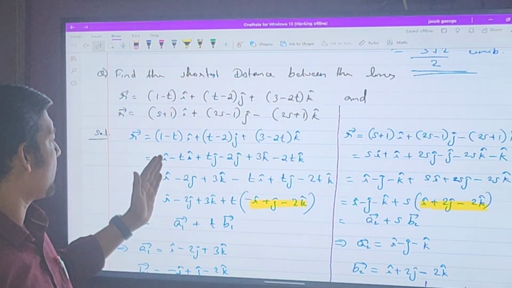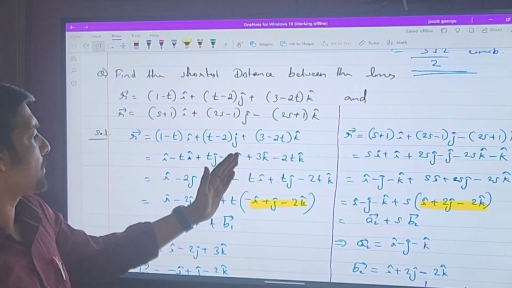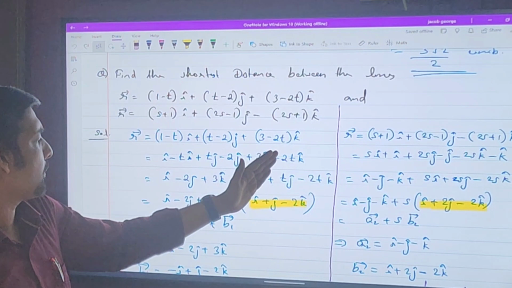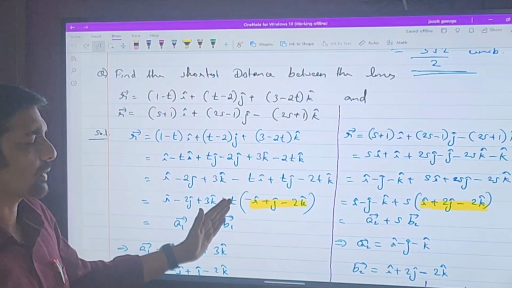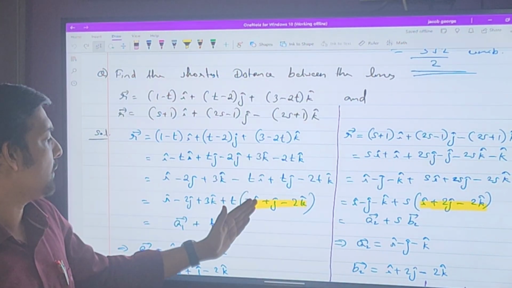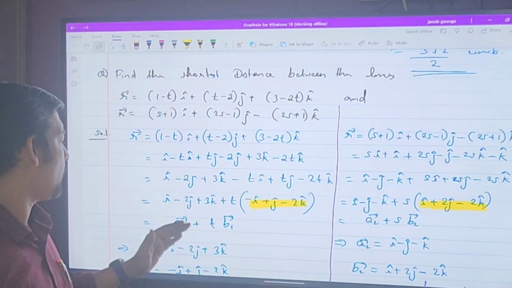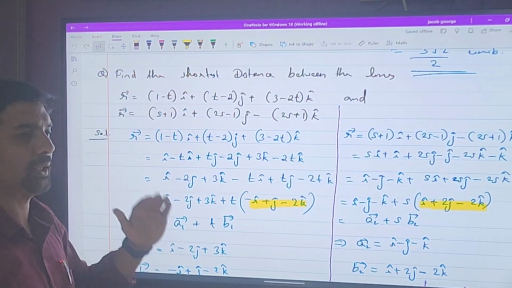And then we can combine I cap minus 2 j cap plus 3 k cap. The constant in place of lambda, here it is t. So t is taken outside, t into minus I cap plus j cap minus 2 k cap. It is in standard form, vector A1 plus t times vector B1.